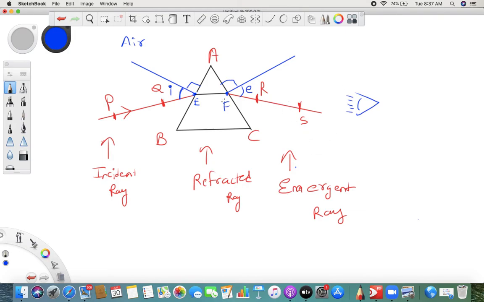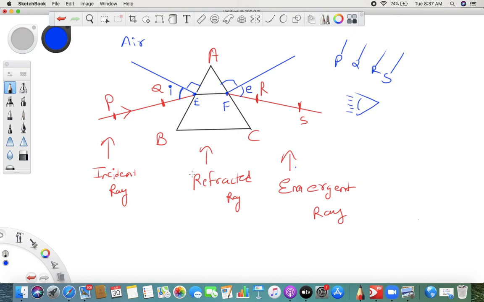When they try to see these pins, they put two more pins at R and S, while looking in the prism. Now, what do they observe? They see all four pins in one line, P, Q, R, S.